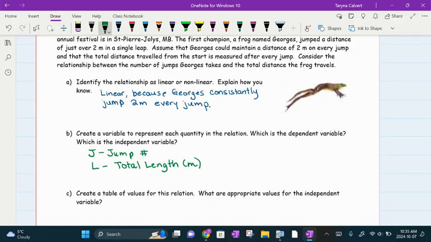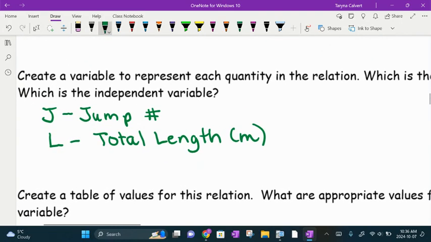What is the independent and which is the dependent? So now that we labeled them, J is going to represent our jump number, L is going to represent our total length in meters. Which is our independent variable? J, good, the jump. Because you guys agree that we have to know what jump number we're at before we can know the length?